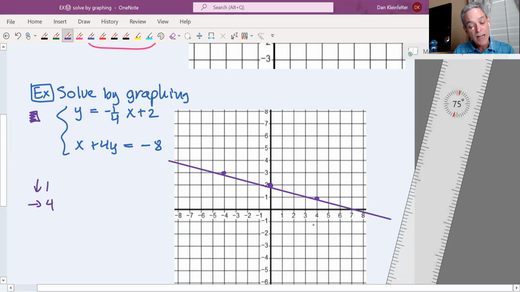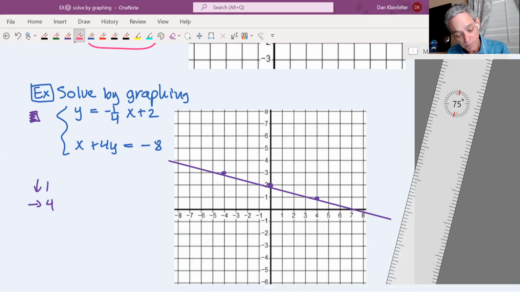Let's see. Now the second one is in general form, so let me use intercepts. When x is 0, it looks like y will be -2. When y is 0, it looks like x is -8. So we have -8, 0, and 0, -2.